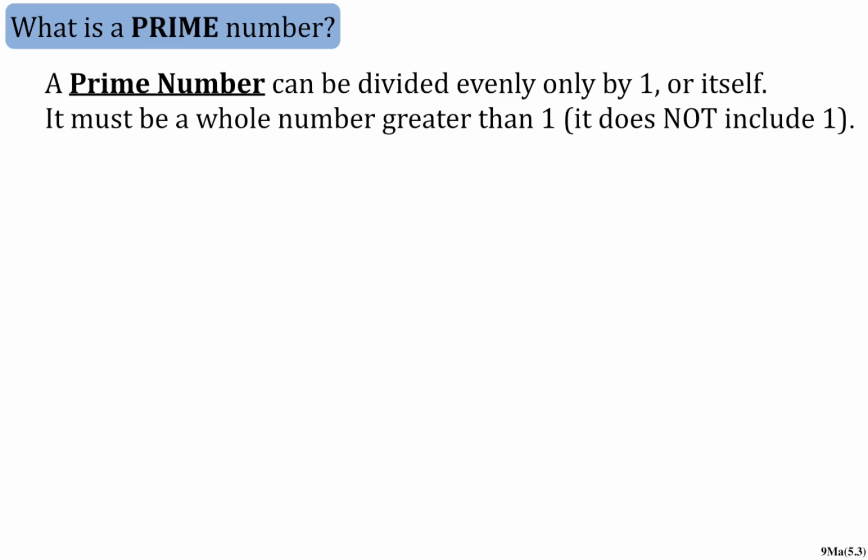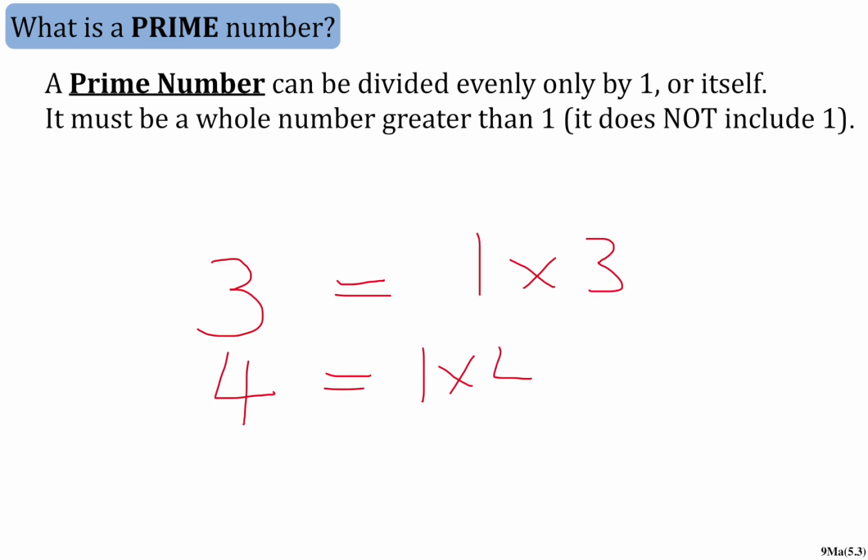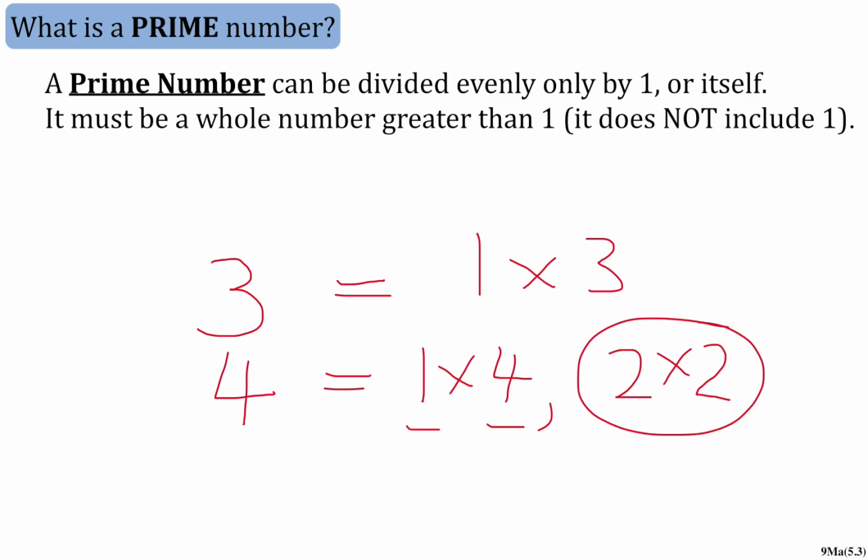For example, 3 can only be written as 1 times 3, so 3 is a prime number. 4: 1 times 4 gives 4, but so does 2 times 2, so it's not a prime number because there were other numbers other than 1 and the number itself.